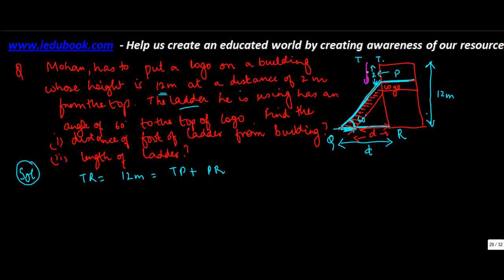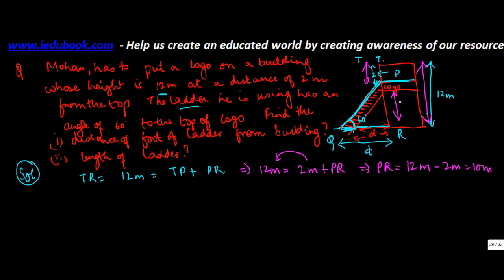So this plus this is the total height, or 12 meter is equal to TP. TP is 2 meter plus PR. Effectively PR is equal to, taking this 2 meter to the other side of the equation, 12 meter minus 2 meter. So now this line we've got as 10 meter.